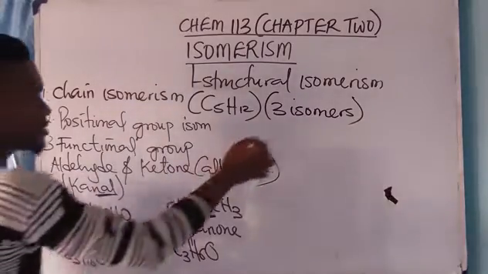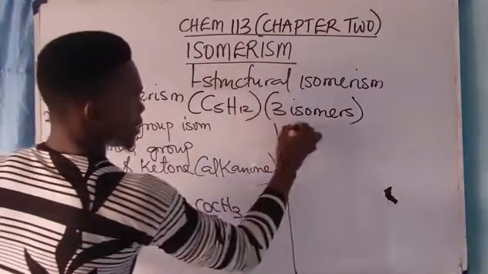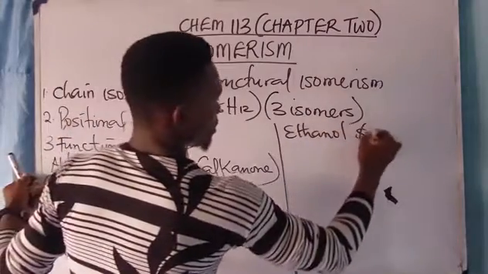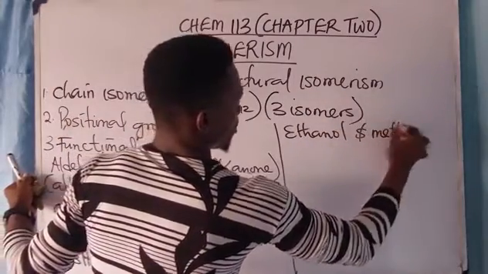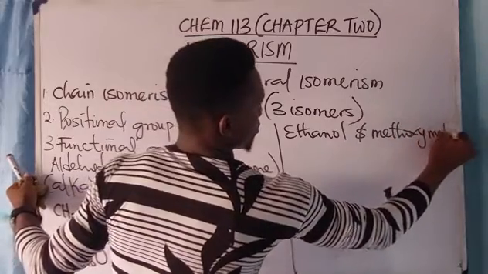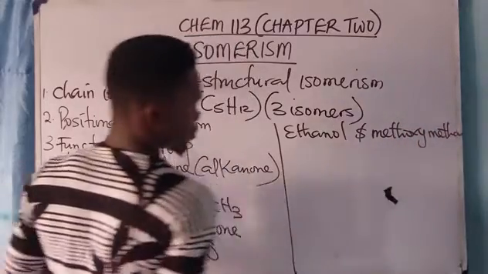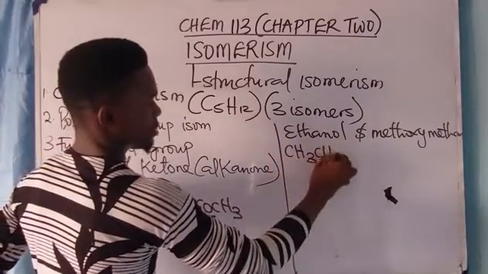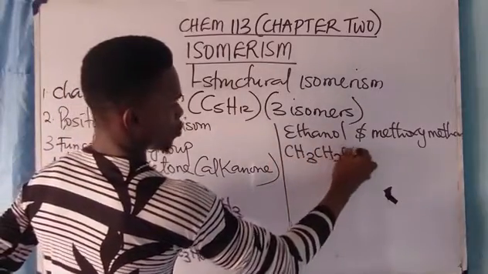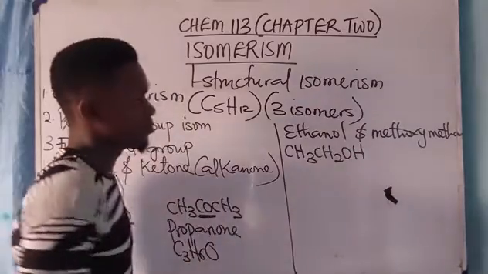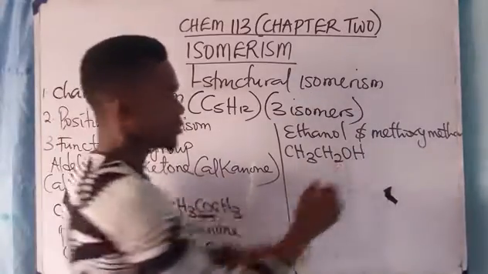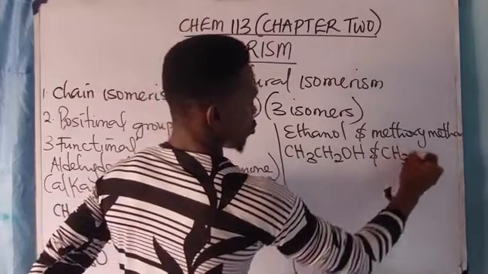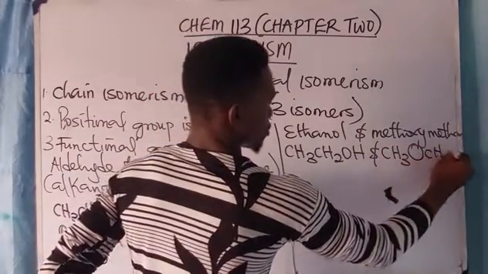Another example is the one that exists between ethanol and methoxymethane. Ethanol is CH3CH2OH. Then methoxymethane is CH3OCH3.